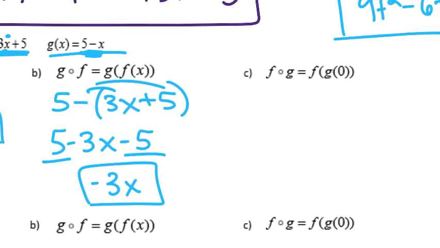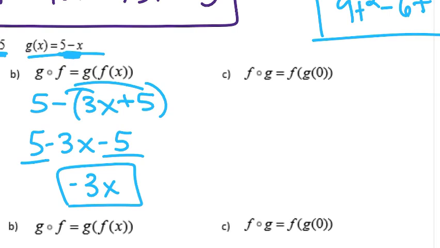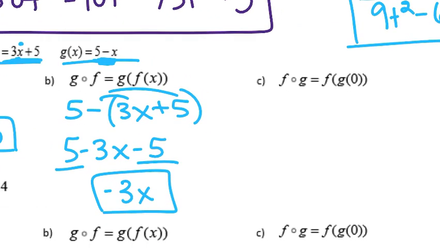Okay, we'll do f of g of 0. So that means I need to find g of 0, and I'm going to plug in that value for the x value in the f. So I want to find what g of 0 is real quick. So g of 0 is 5 minus 0, which is just 5.